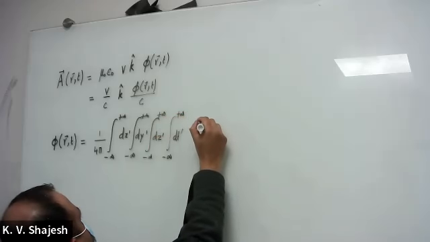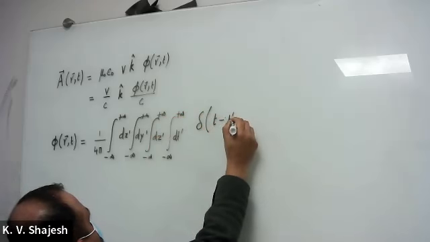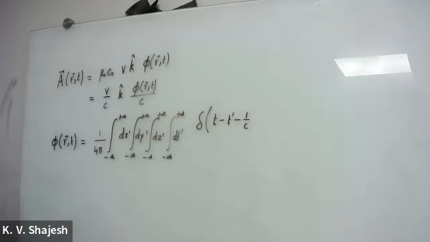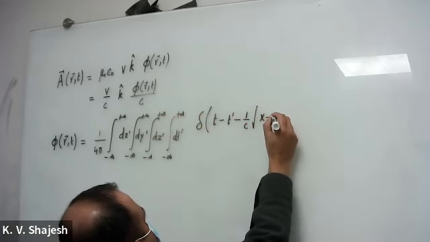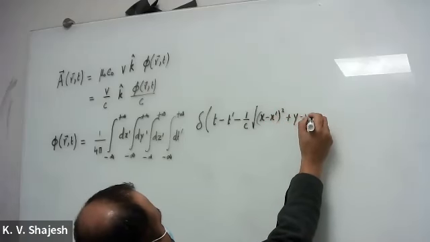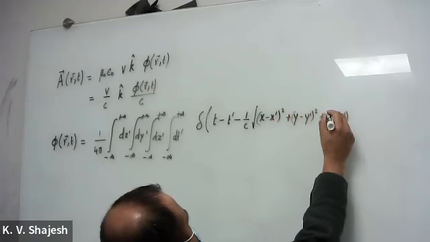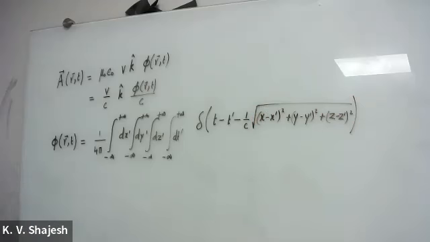And the delta function is delta of t minus t prime minus 1 over c times the magnitude of r minus r prime, remember, which is nothing but x minus x prime squared plus y minus y prime squared plus z minus z prime squared. That's the definition of r minus r prime squared.